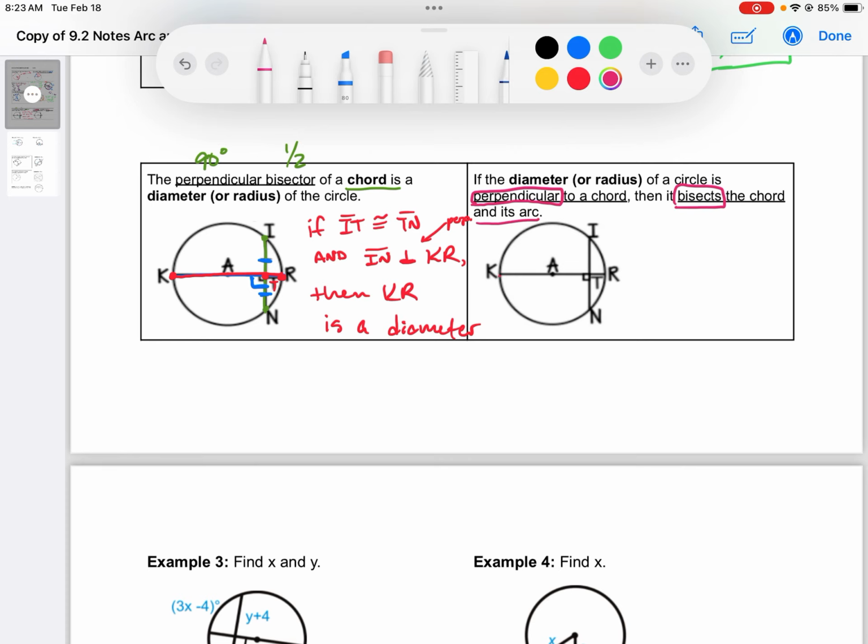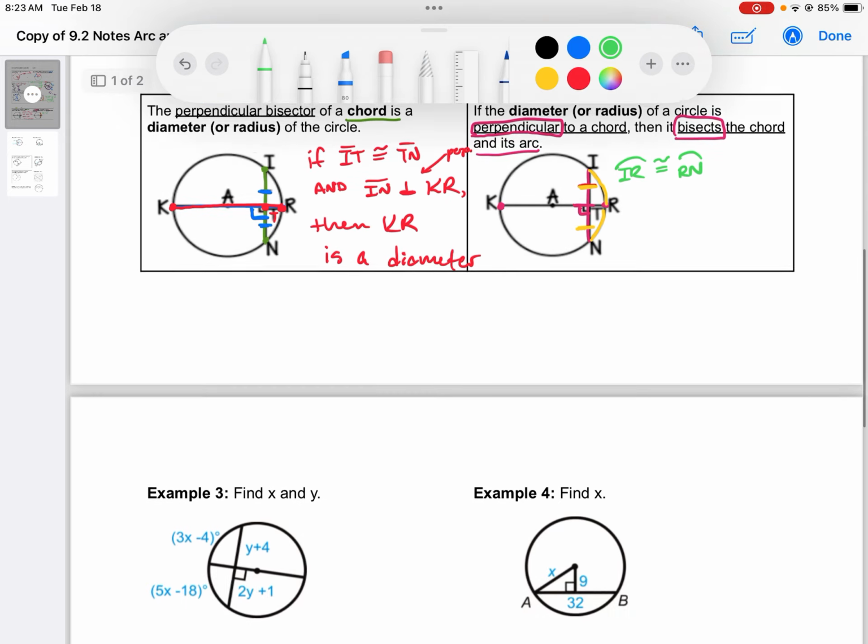Building on what we just said, if you have a diameter, like in this case KR, and it is perpendicular to a chord, then it not only cuts that chord in half, so this side equals this side, it also bisects the arc. So we could say that arc IR is congruent to arc RN.